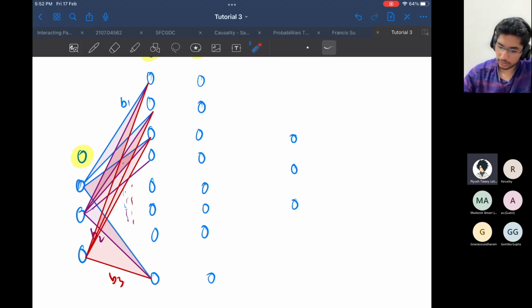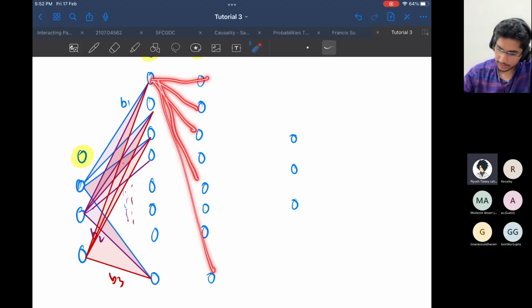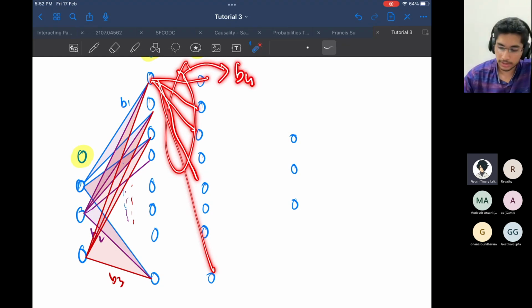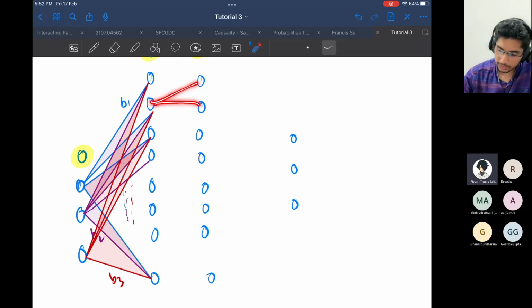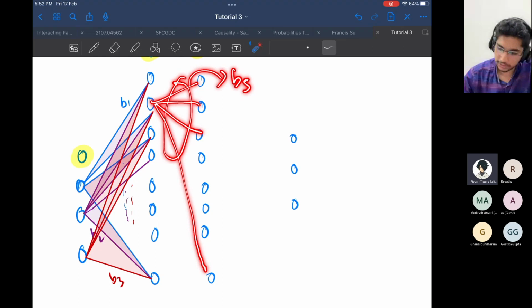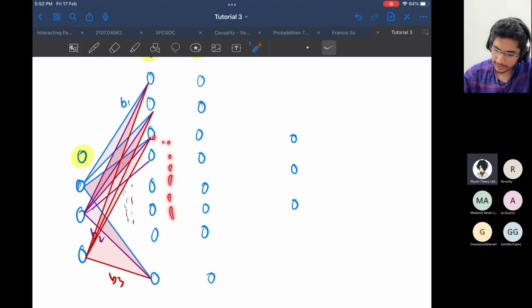By similar logic, the next neuron will be connected to all of these, and these connections will have another bias term which we will call B4. Similarly, the second neuron will have B5, and each of these neurons on the first layer will have their own bias terms.